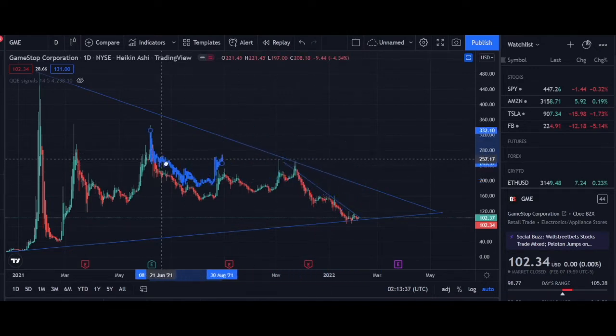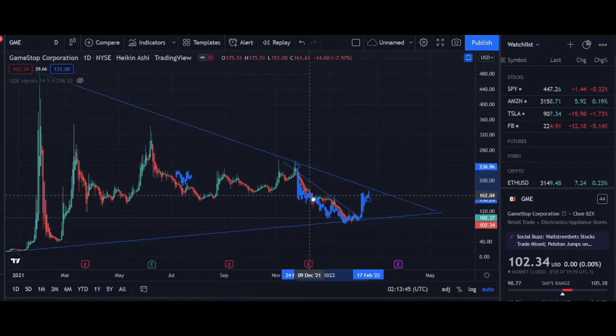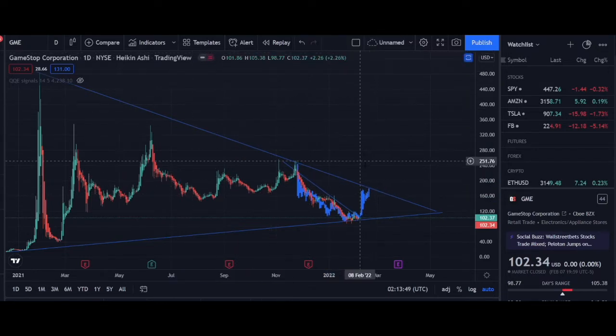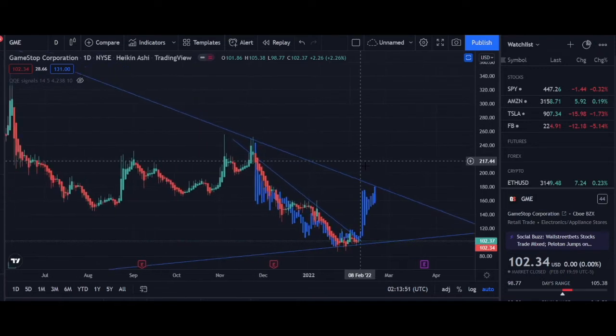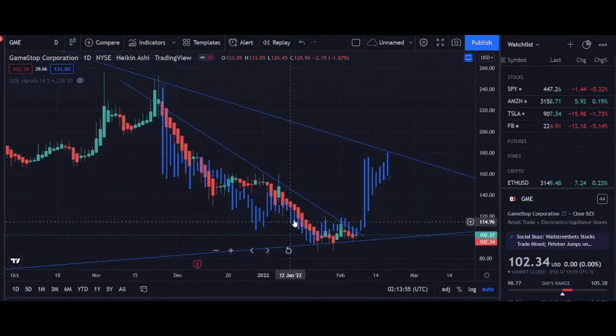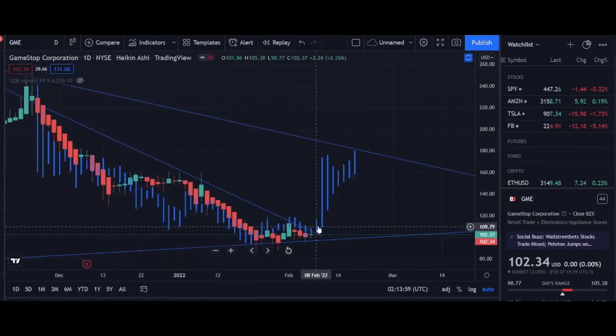So again, we're starting at the first red day, and we're going to bring it over to our first red day over here, and let's see what happens. Let me just delete this. So as you can see, tracks pretty well. Now this tracking tells me that Tuesday or Wednesday, Feb 8th or Feb 9th, should be the next start of the big run up.